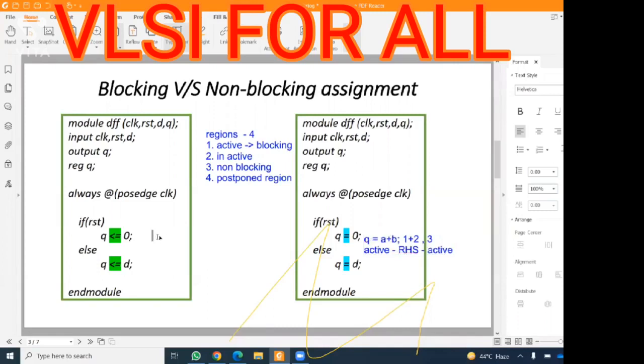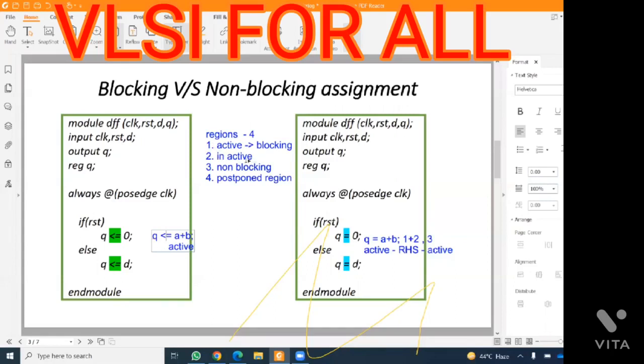Let's talk about non-blocking now. Again we have A plus B, right? Now in which region will it calculate this A plus B? Active region. And in which region will it assign this to Q? Non-blocking region. No. Inactive.